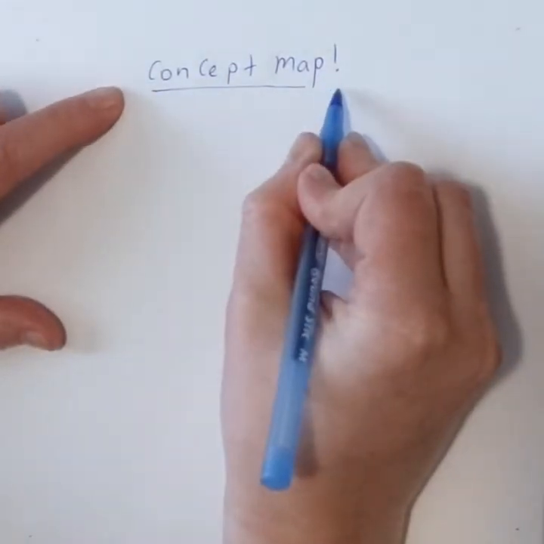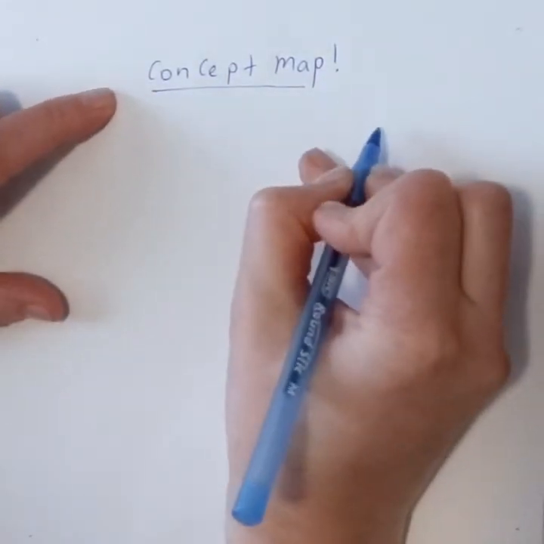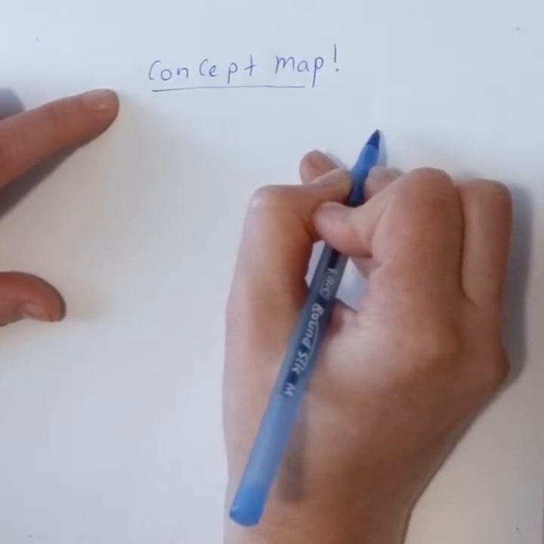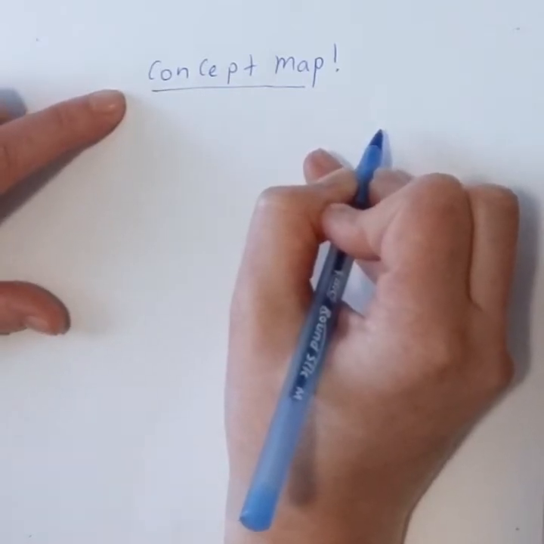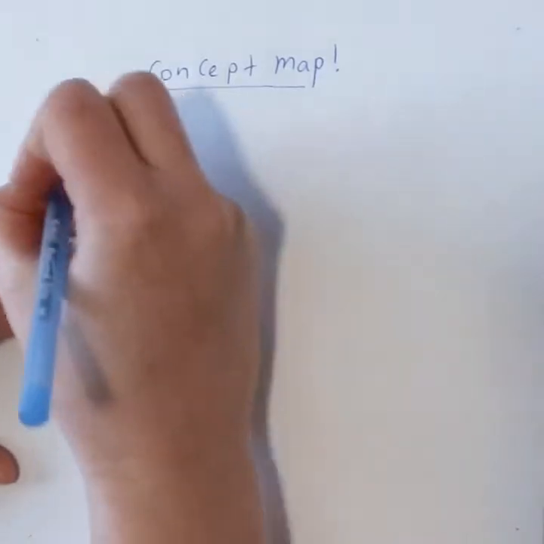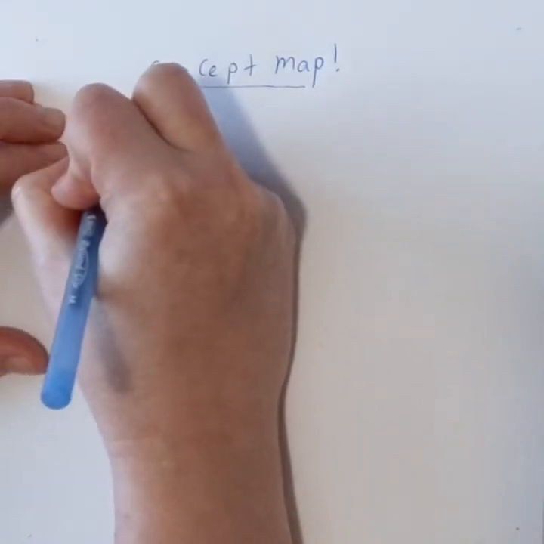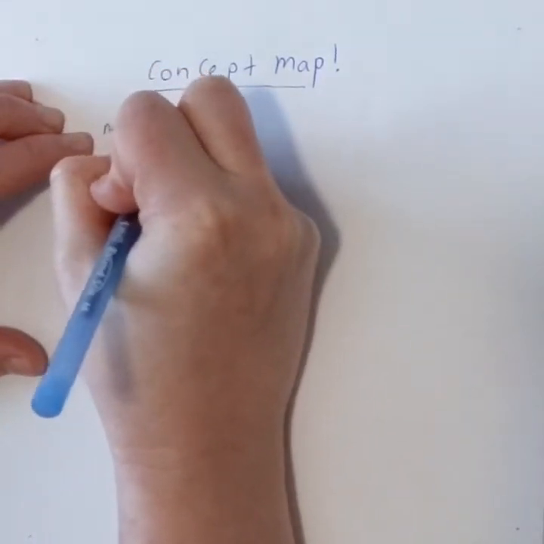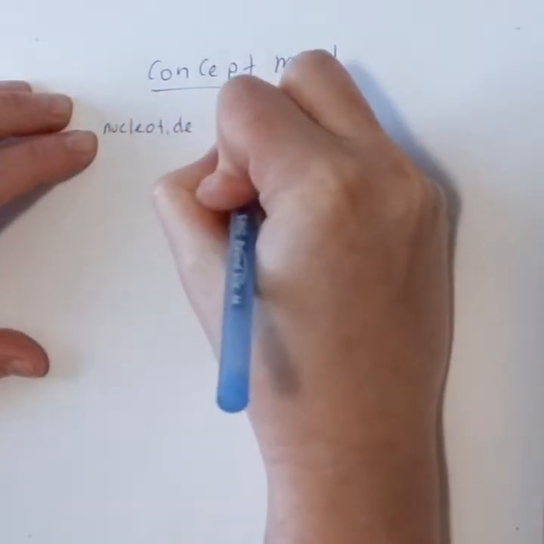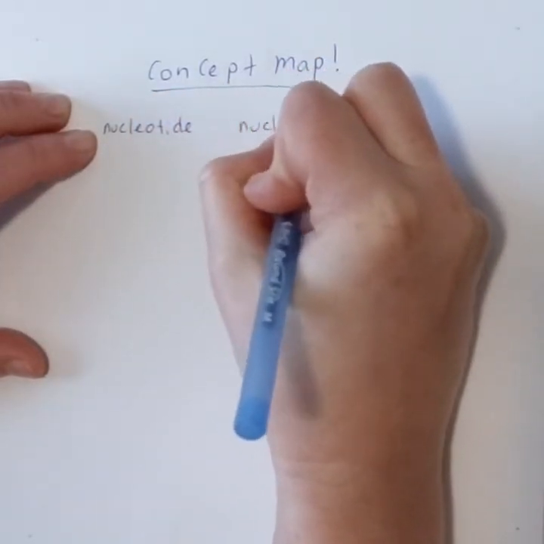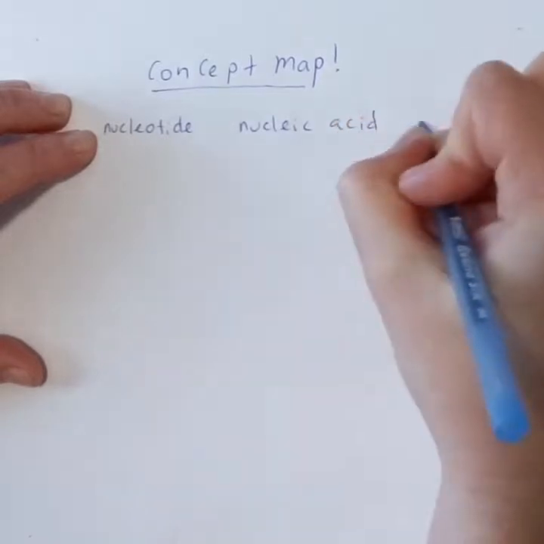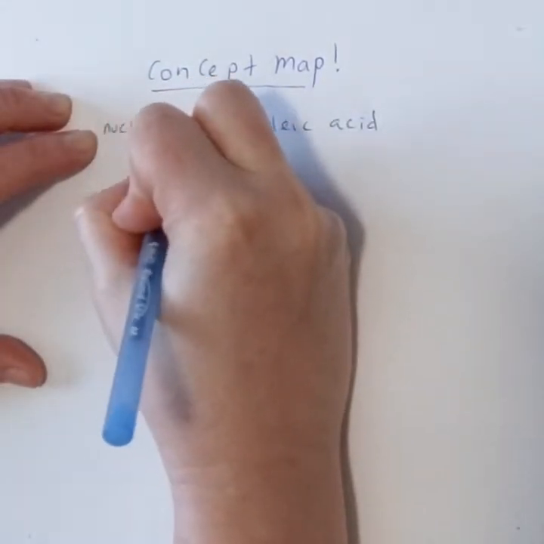So here's a concept map. I'm going to take a bunch of vocab words that are related to the biological molecules of nucleotides and nucleic acids. So let's use those words. Nucleotide, nucleic acid. We got DNAs in that group.